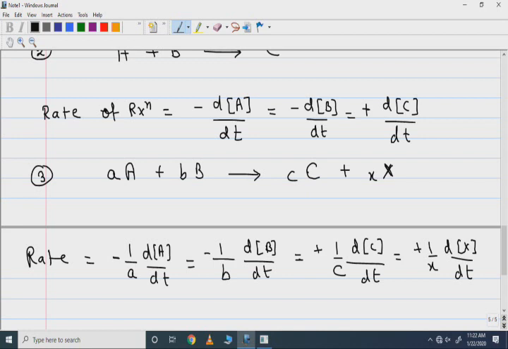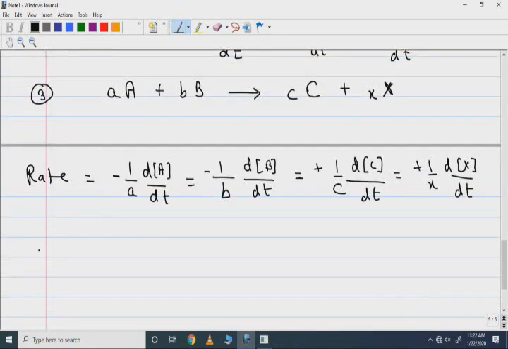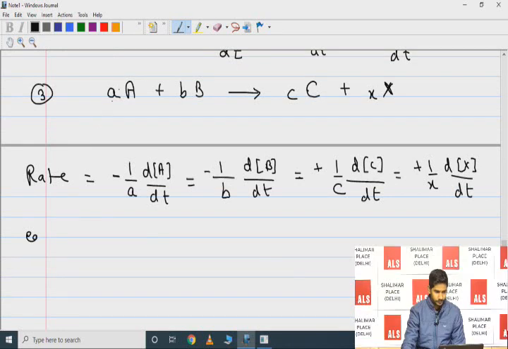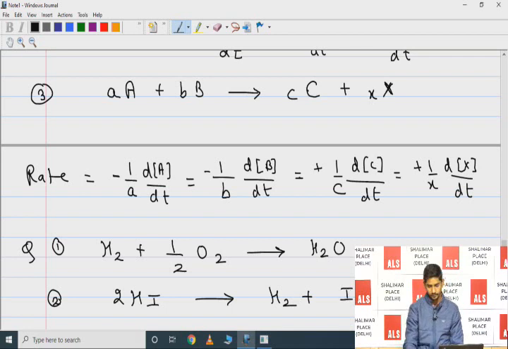Okay, and after copying that, you have to write the rate of reaction expression for this one. First, H2 plus half of O2 is giving you H2O. Second, twice of HI is giving H2 plus I2. Please write it. Write the rate expression.